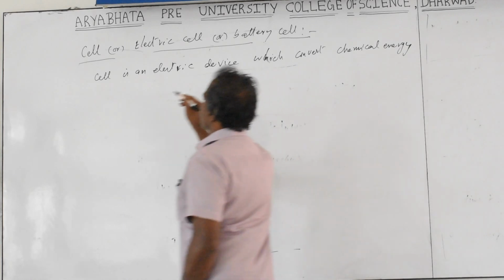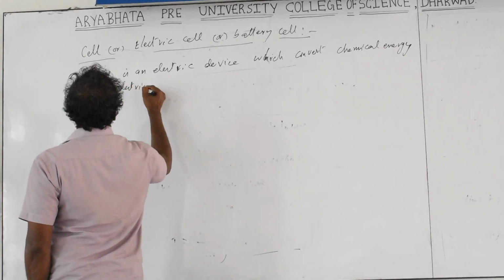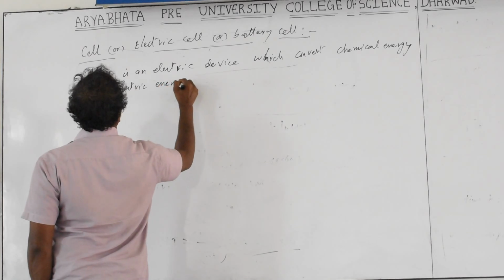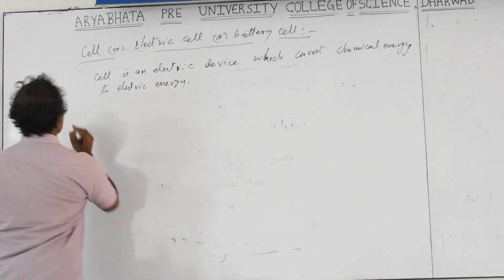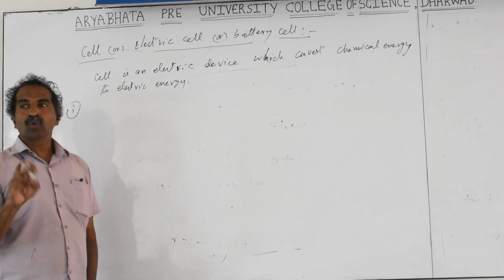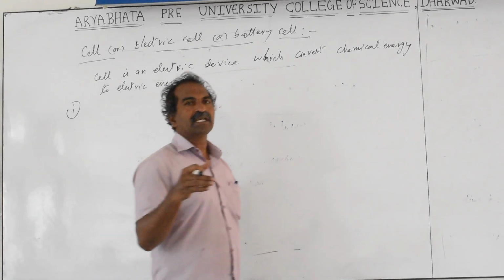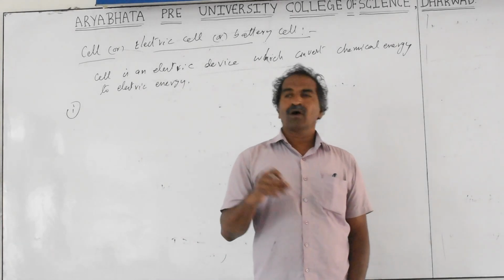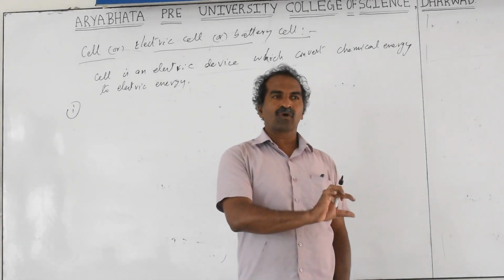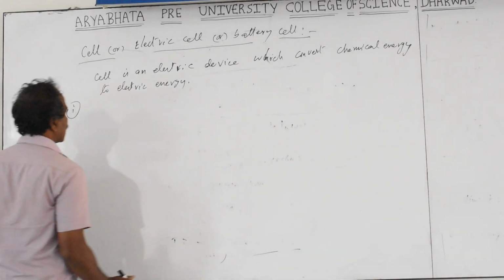What does a cell contain? A cell contains electrolytes and electrodes. Two different types of electrodes, not the same kind of materials. They are called different materials. They must be connectors, or carbon is also used. A carbon rod is a good conductor of electricity, though otherwise carbon is actually a semiconductor.